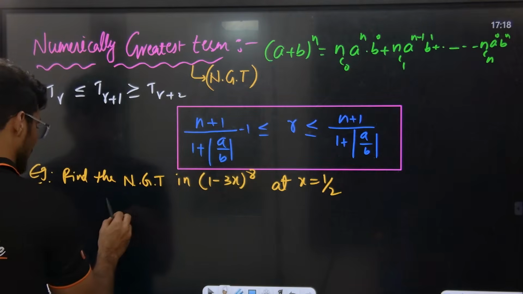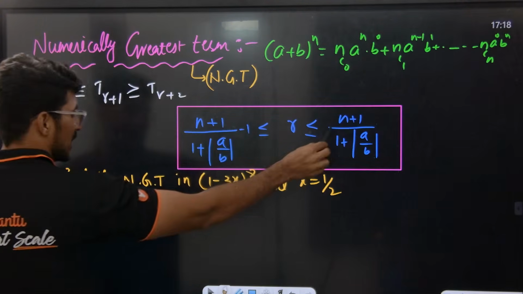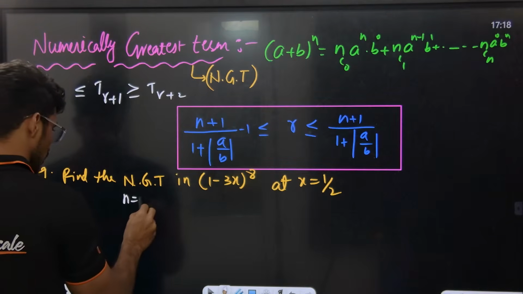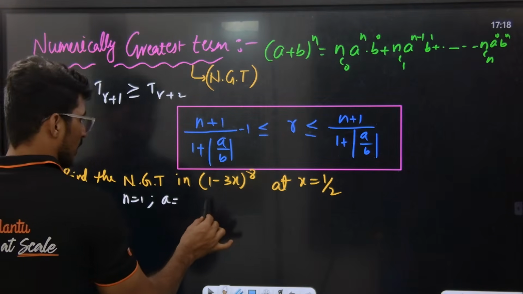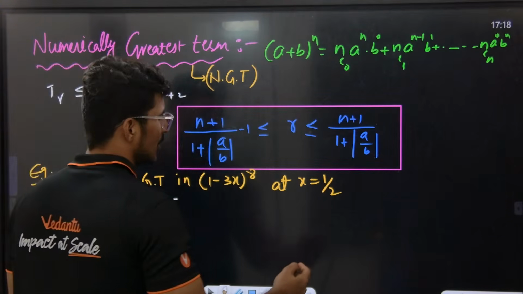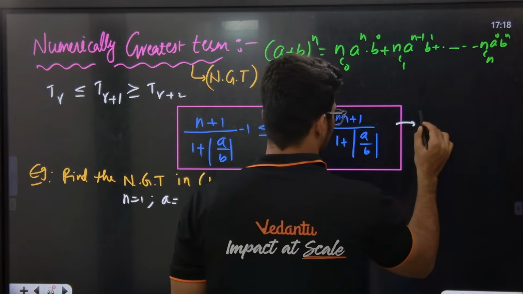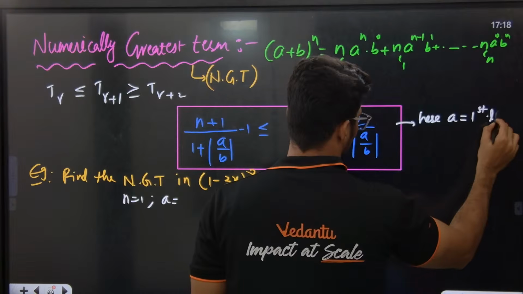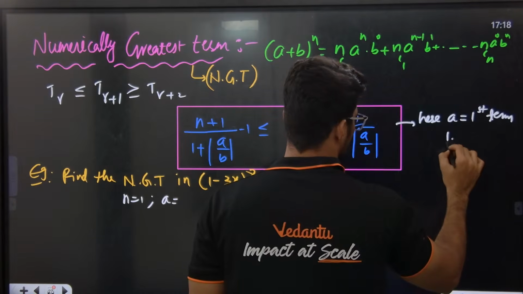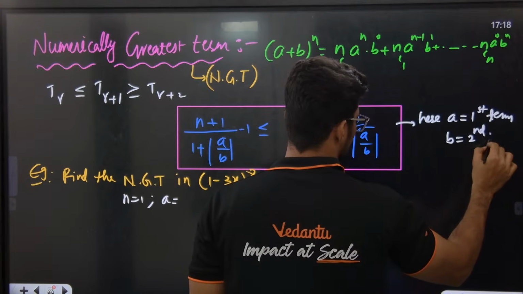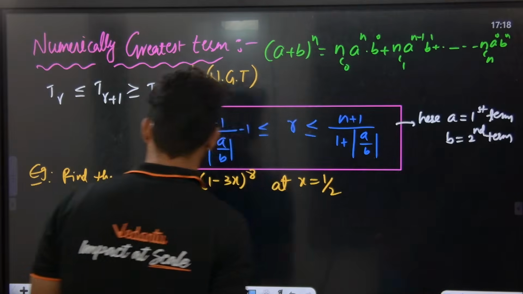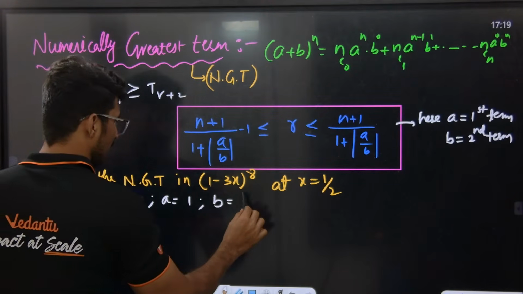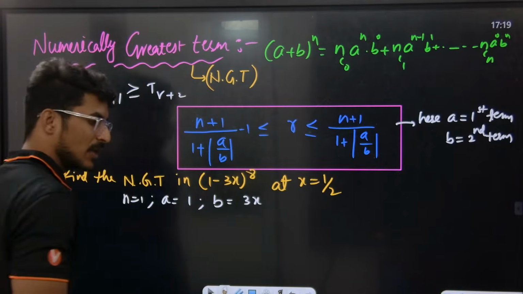I'll be applying this formula. First let us substitute here. a is equal to the first term in the expression, b is equal to the second term in the expression. So a value is 1, b value is -3x.